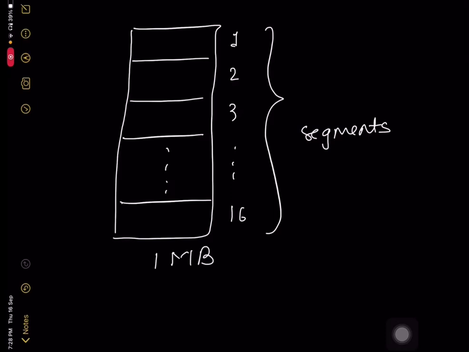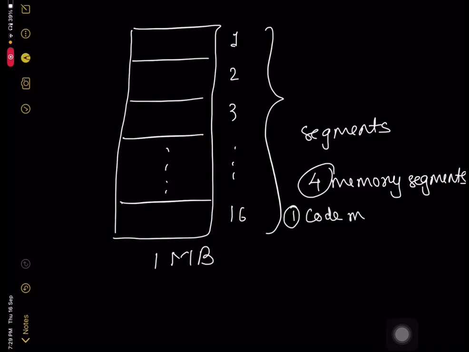And out of these 16 memory segments, 4 memory segments can be used in any program. While writing a program, we make use of 4 memory segments. What are those 4 memory segments? The first segment is the code memory segment. The second memory segment is the data memory segment.